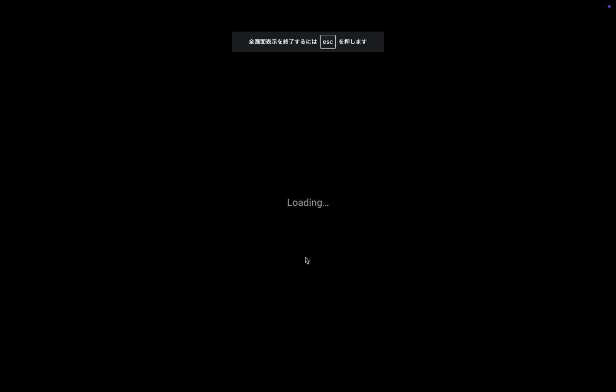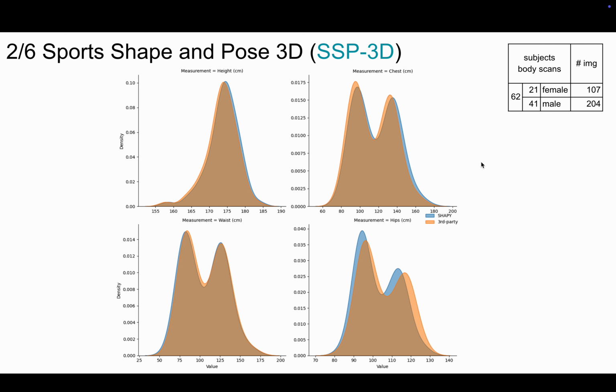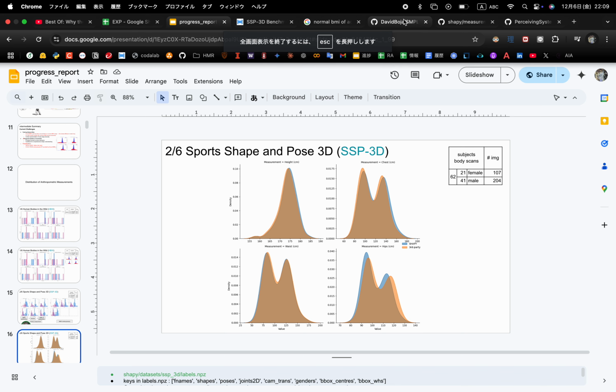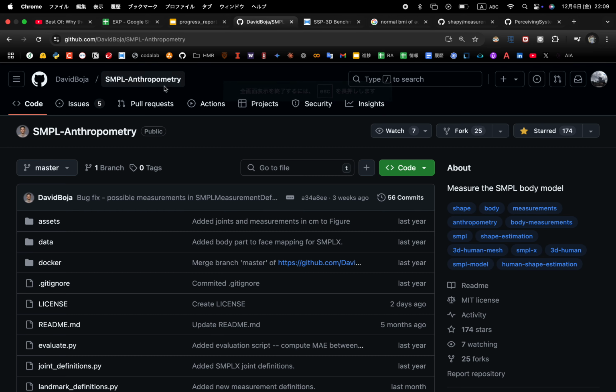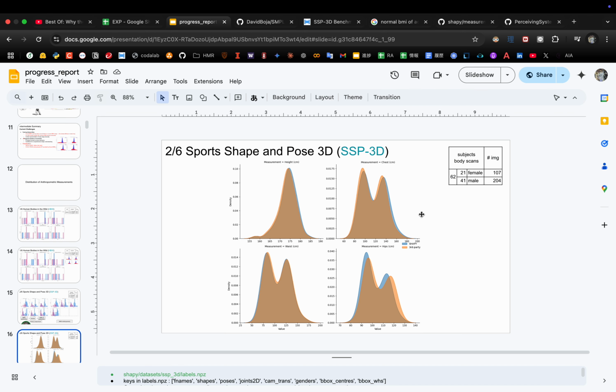We can see that the overall distribution is almost the same, and if we overlay these two, the yellow one is what we got from the third party, SMPL anthropometry, and the blue one is from Shapley, the author of HBW.